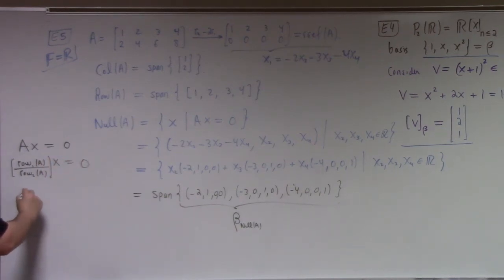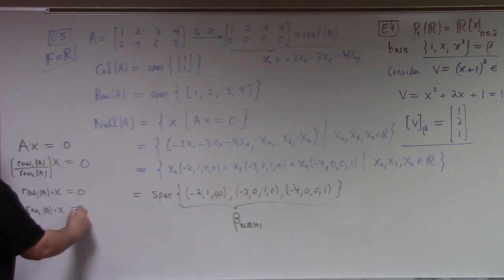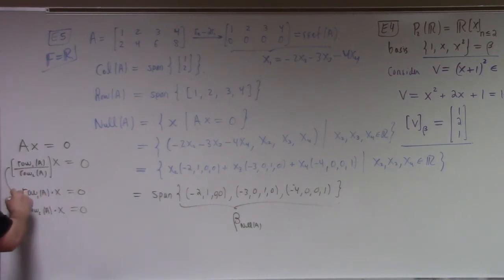So that's really nothing more than row 1 of A dot x equal to 0 and row 2 of A dot x equal to 0, if we break that down into two equations, two dot products. So the solutions in the null space should include vectors which are perpendicular to the rows of A.